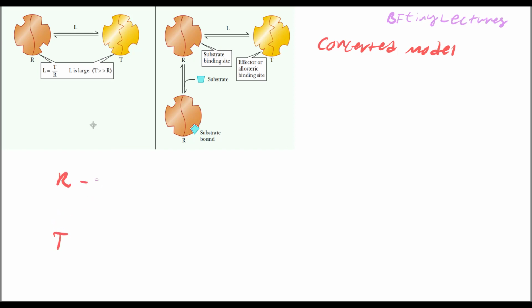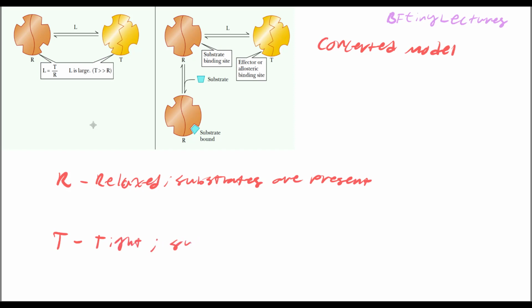Now the R state is actually relaxed, okay? So this is when substrates are present. And the T state is when the enzyme is tight. And this is when substrates are not present.